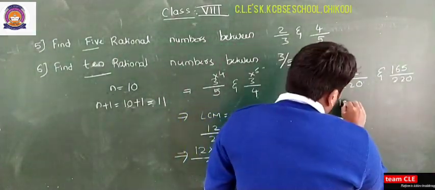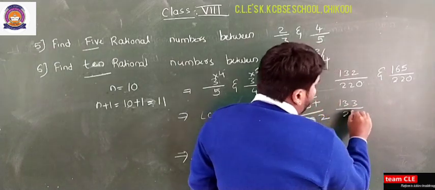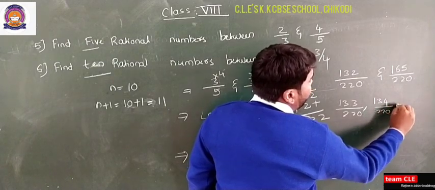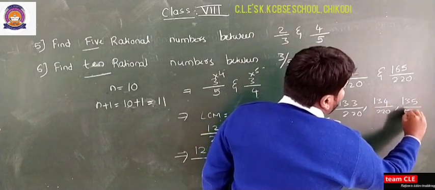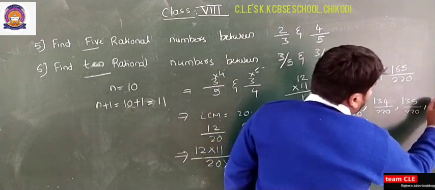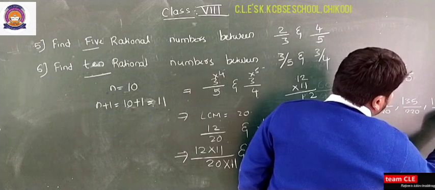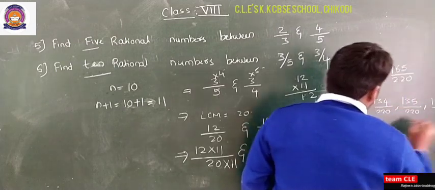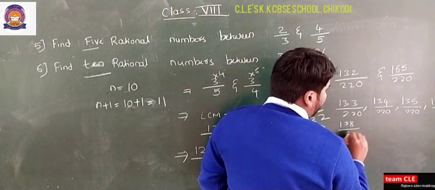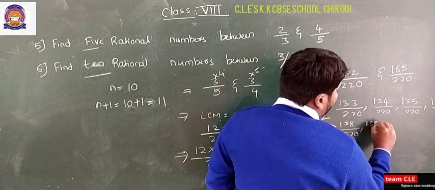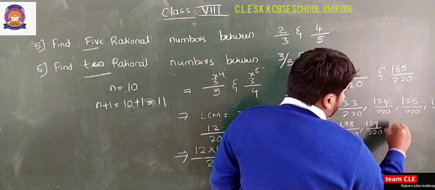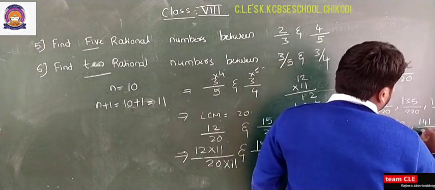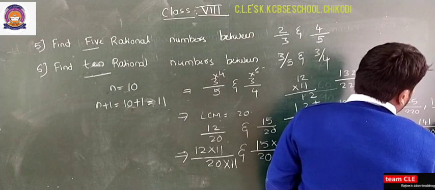So I will write the 10 rational numbers as 133 by 220, next 134 by 220, 135 by 220, next 136 divided by 220, next 137 divided by 220, next 138 divided by 220, next 139 divided by 220, next 140 divided by 220, 141 divided by 220, next 142 divided by 220.